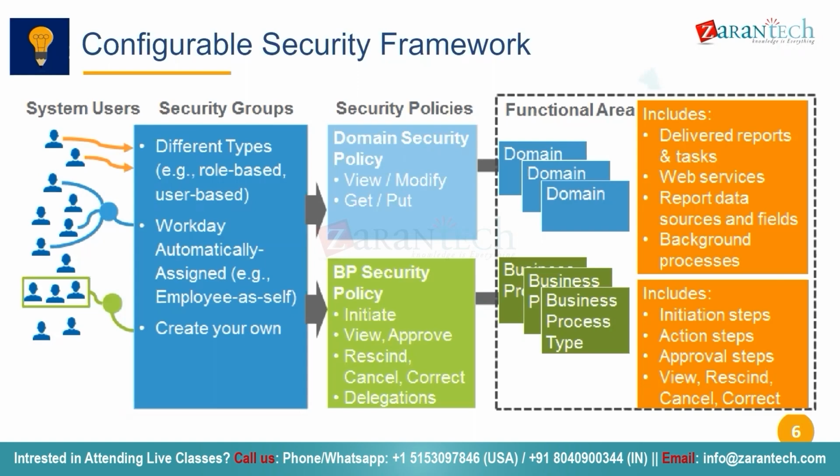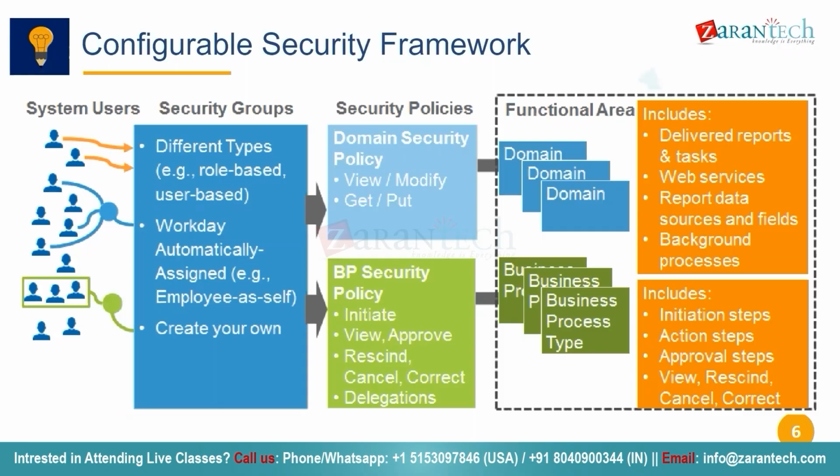So you create your own custom security groups and assign those security groups to the user. That is the first fundamental: the user will be assigned security groups. And again, within the security group, how does the security group consist?